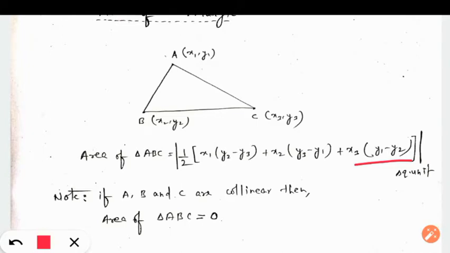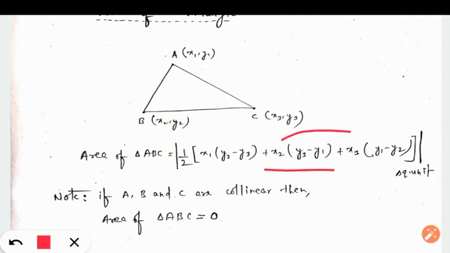You can memorize like this. And in the middle we have x2, so within the bracket we should have y with suffix 3 and 1, but in the middle we have y3 minus y1, that means here a smaller one is subtracted from the greater one, 3 minus 1.